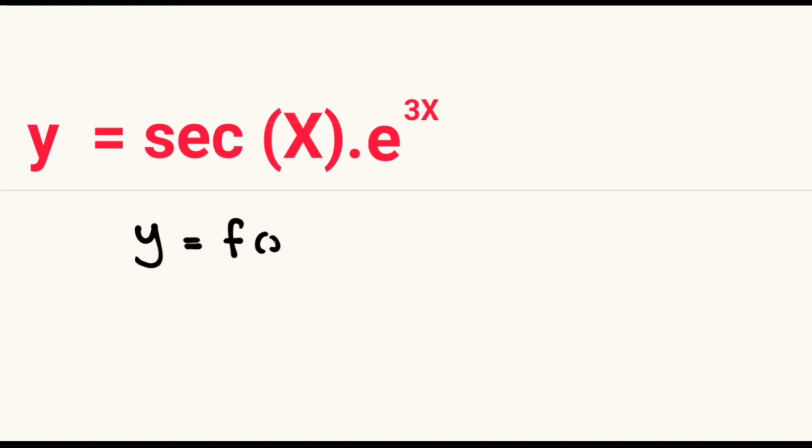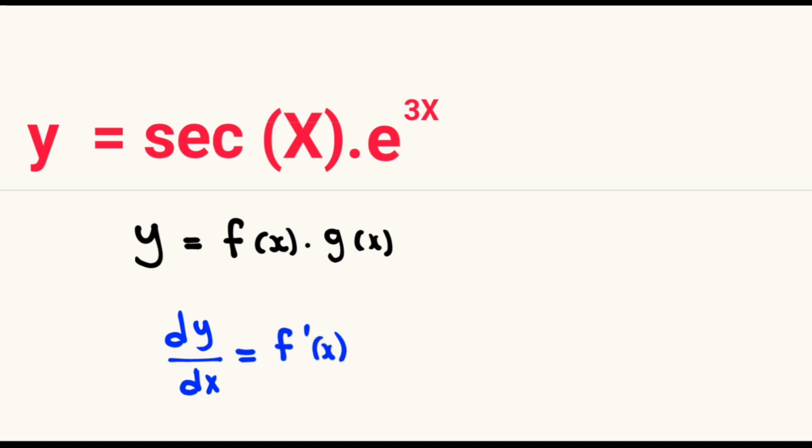Suppose we had y is equal to f of x multiplied by g of x. Then the product rule states that the derivative of y with respect to x will be equal to the derivative of the f of x multiplied by the original function g of x, plus the derivative of the g of x multiplied by the original function f of x.